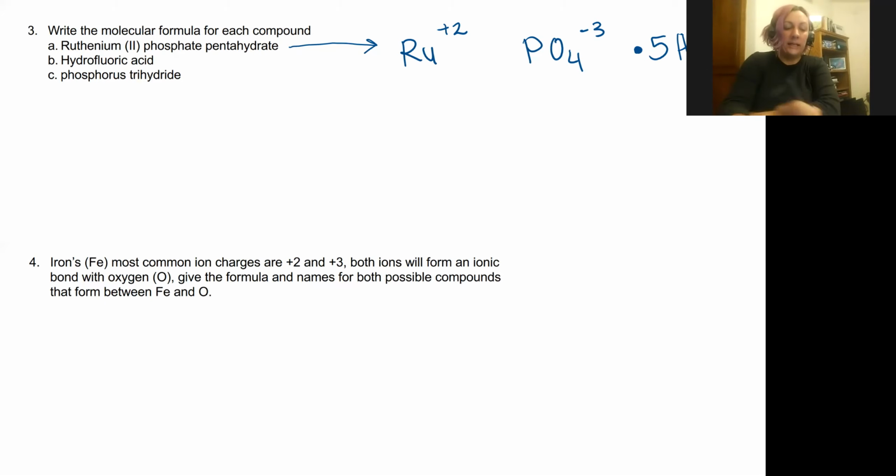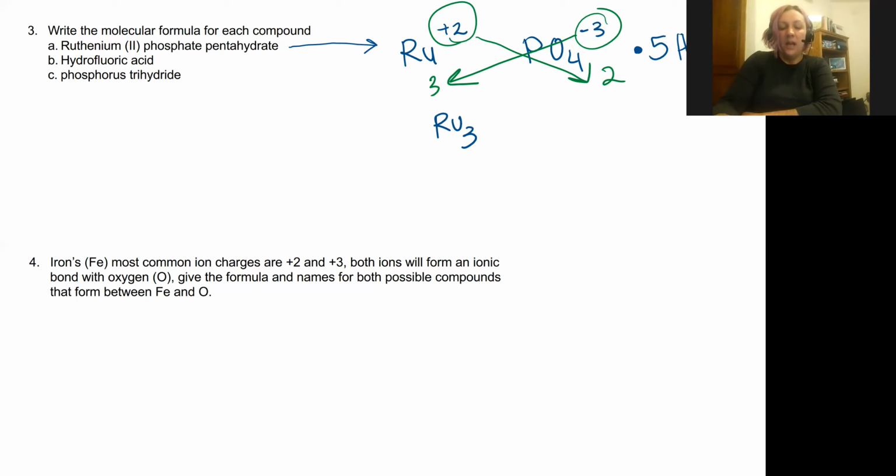And so I'm going to do a crisscross rule to figure out how these will balance out to form a neutral compound. I'm going to need 3 of my ruthenium, and I'm going to need 2 of my phosphate units. So the way I'll write this out so it doesn't get confused with my other subscript in my polyatomic ion: I'll have Ru3, and then I'm going to use a parentheses because I need this 2 to apply to this entire ion, right?